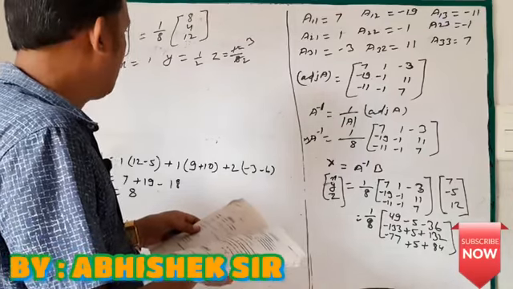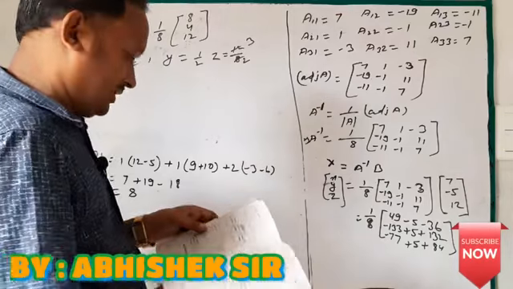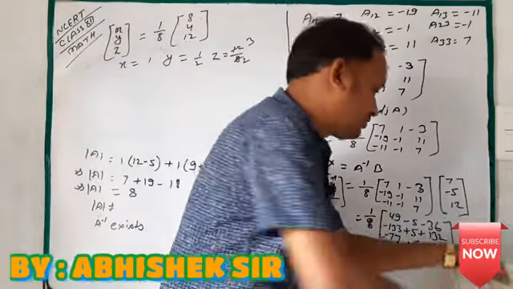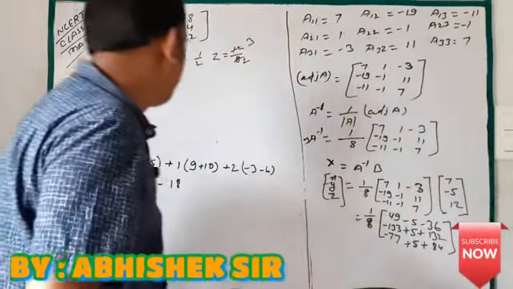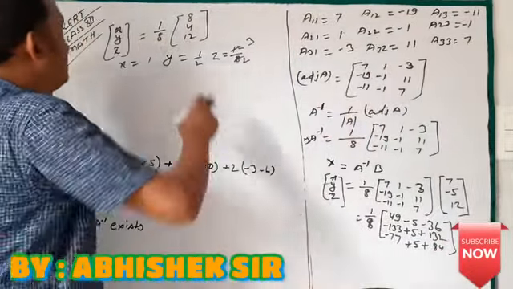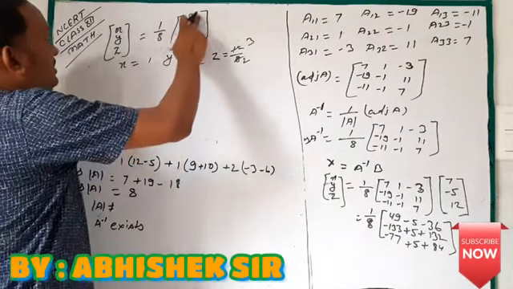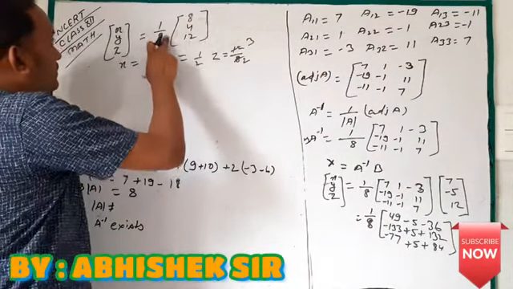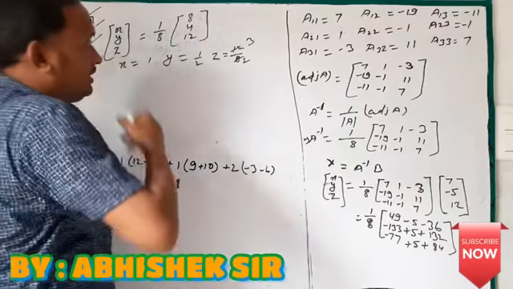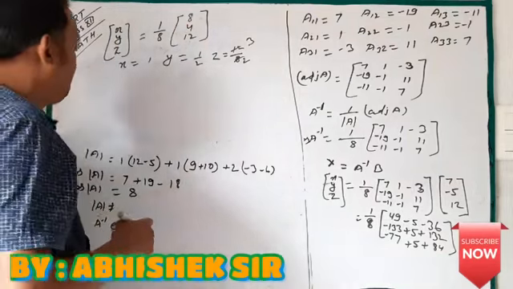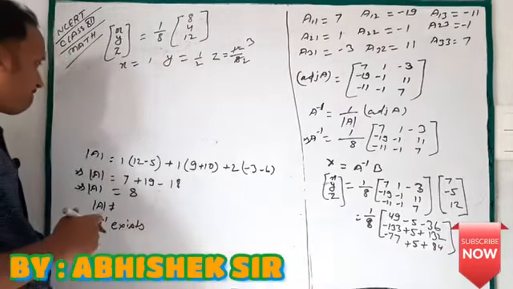Z is equal to 3 by 2 and the book says 3. What's gone wrong, students? Next we have to check the determinant.